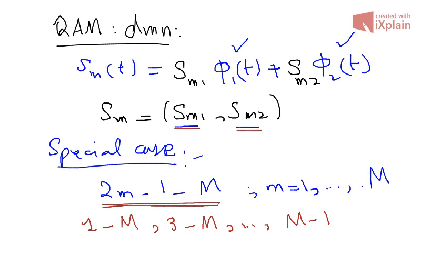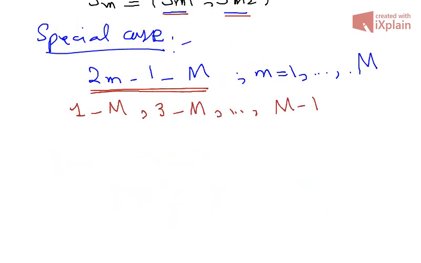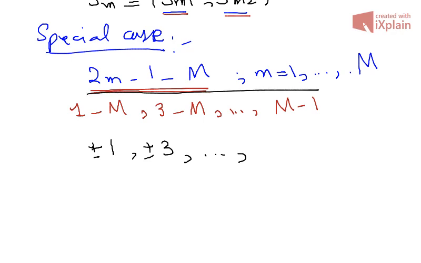In that special case, if we go back to amplitude modulation, these amplitude values turn out to be plus minus 1, plus minus 3, plus minus 5, and so on.